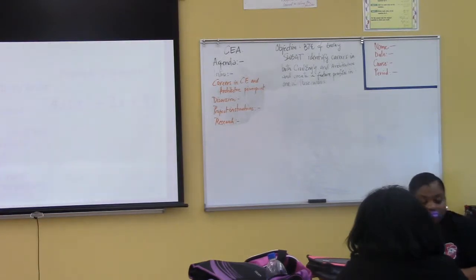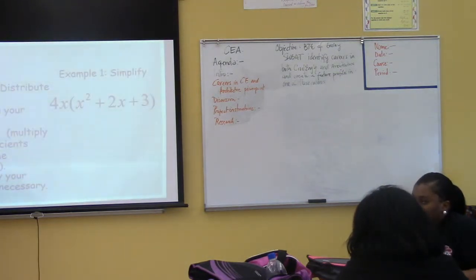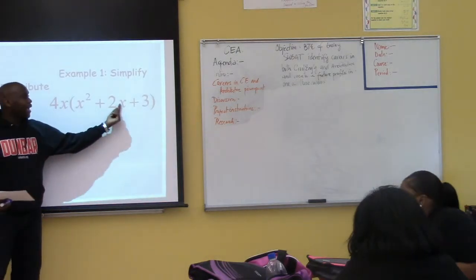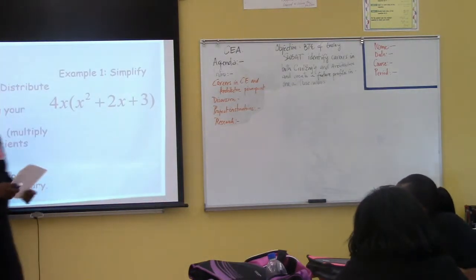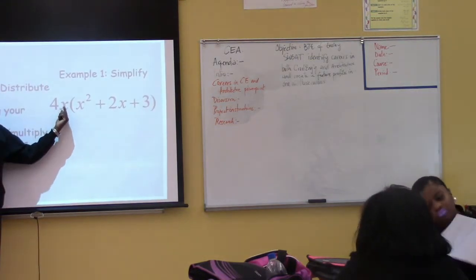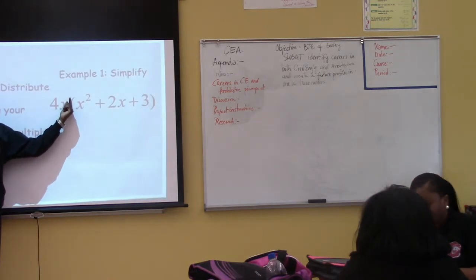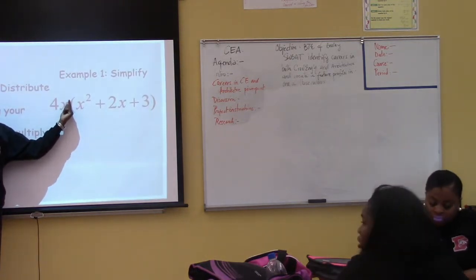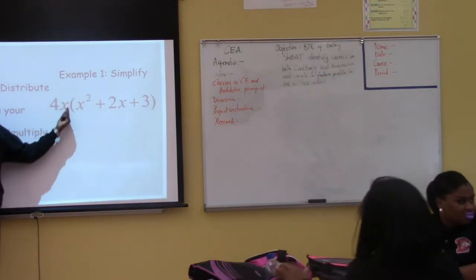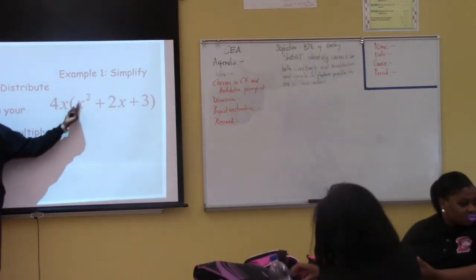So that's the difference between addition and subtraction and multiplication. Remember that if you just have x by itself, it has an exponent. What's its exponent? 1. So now, what would be the answer if we multiply 4x by x squared?